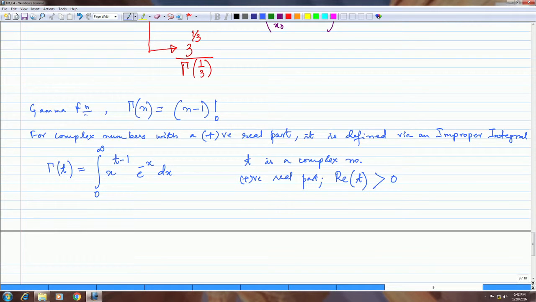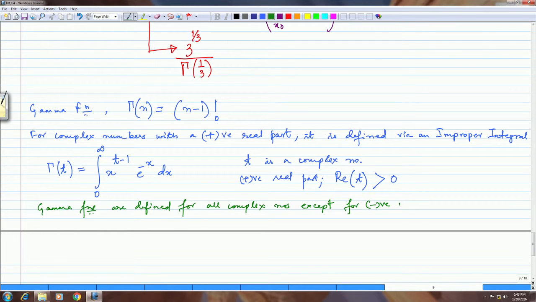So I can write that as well: gamma functions are defined for all complex numbers except for negative integers.